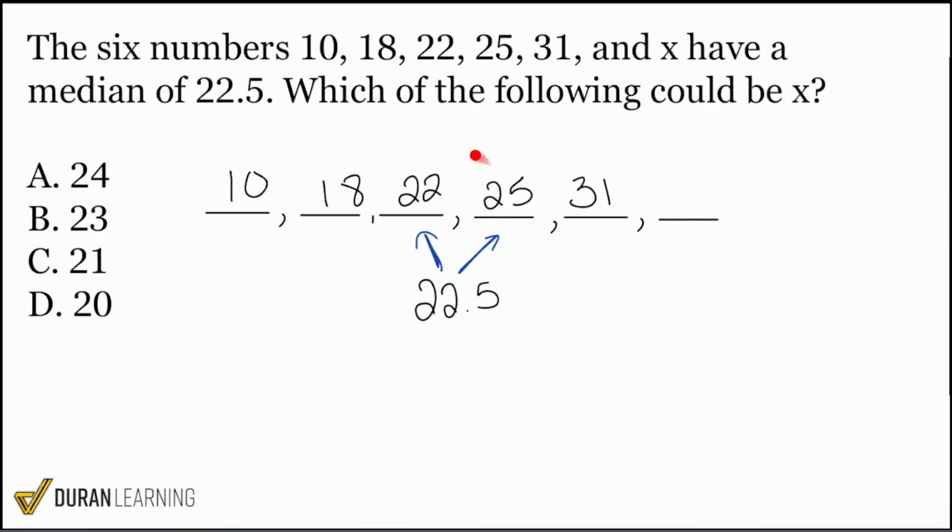Everybody, if we were to do this and find the average, is 22.5 right in the middle of 22 and 25? Is 22.5 right there in the middle between these two?